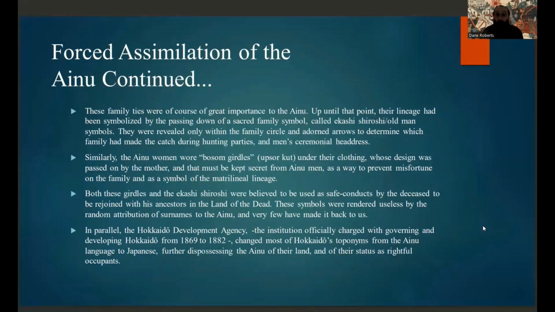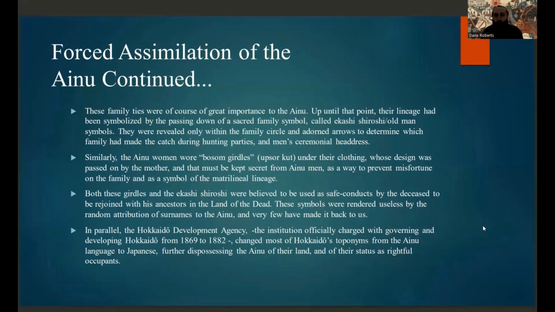Family ties are, of course, very important to Ainu, so this was a heavy blow to the Ainu. Up until that point, their lineage had been civilized by the passing down of sacred symbols, such as arrowheads or catch made during hunting parties, men's ceremonial dress.